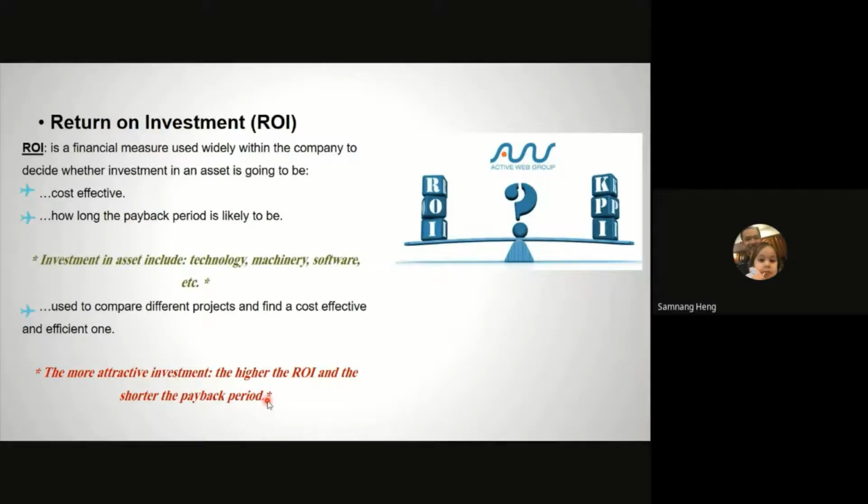A shorter payback period means the investment makes money really fast, and we can pay back the money that we spent on the investment in a shorter period. So a shorter period and a higher return on investment make the investment more attractive, making a lot of money.